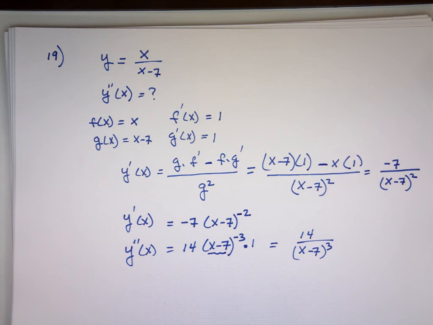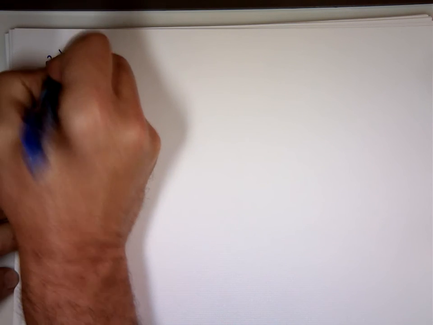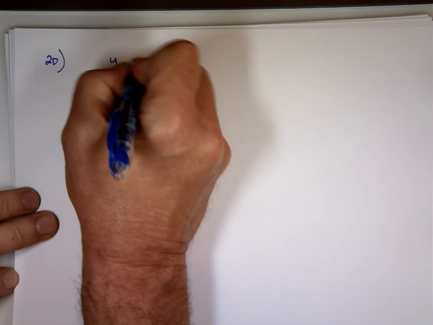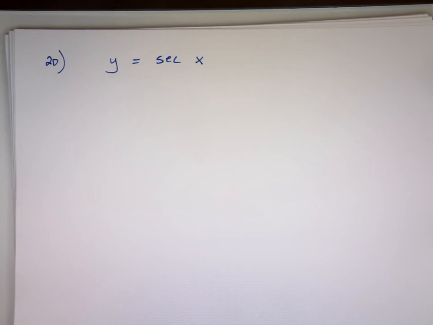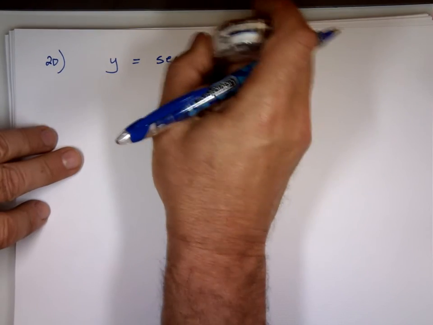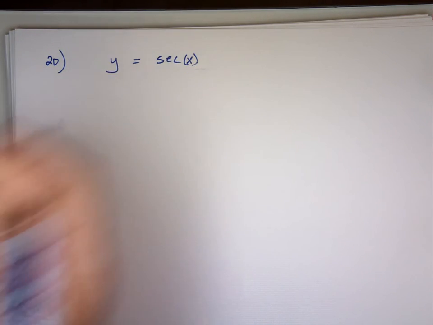Find the second derivative, the last one, which is number 20. I don't know why I put that much space between secant and x. It's not secant times x, but secant of x. The first derivative: what's the derivative of secant?